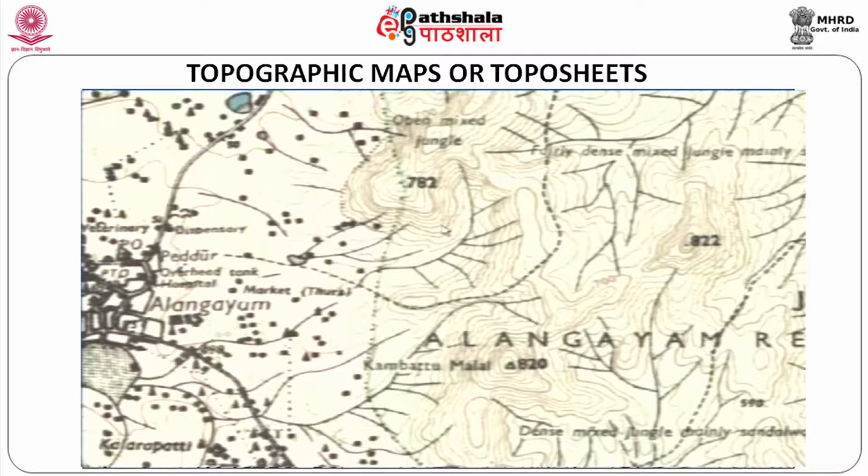Of course, there is no specific rule here, just that on a 1 to 50,000 scale, the contour interval will be 20. That is, this is 600, 620, 640, 660, 680 and 700, 720, 740, 760, 780 and this is 782. I think this is how you read the topo sheet.